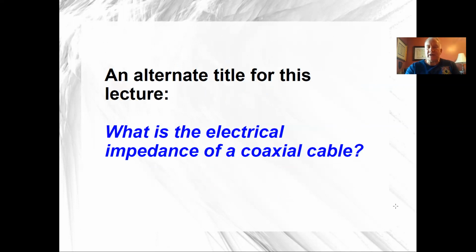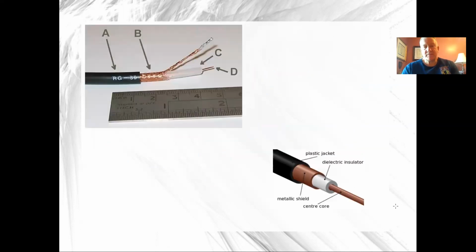If I had an alternate title for this lecture, it would be, what is the electrical impedance of a coaxial cable? A coaxial cable looks like this. It has a center core, that's a conductor, and then a metal shield, and they are separated by a dielectric insulator, and then they're coated with a plastic jacket.